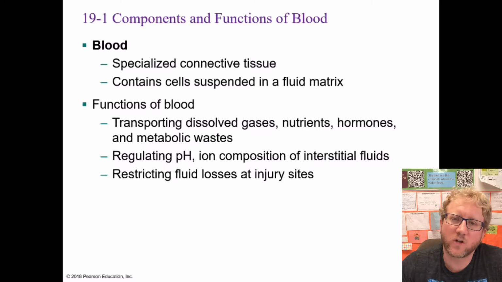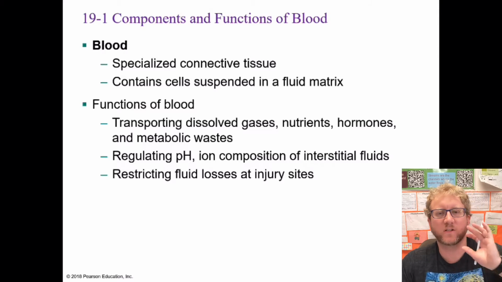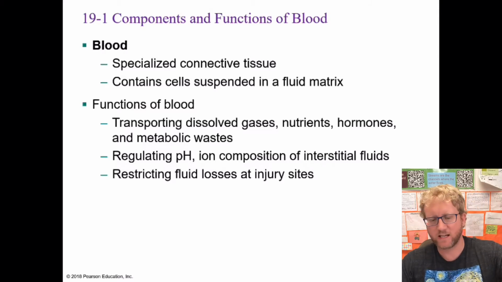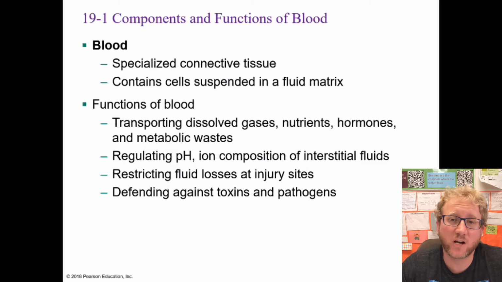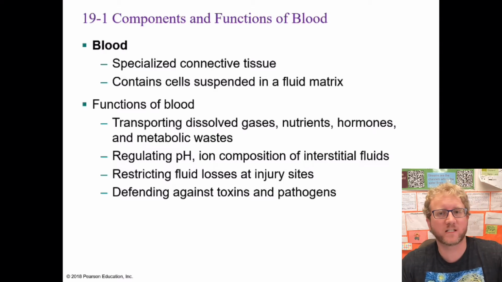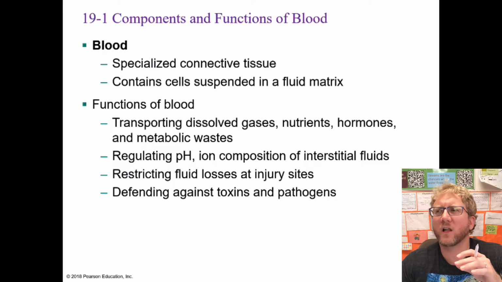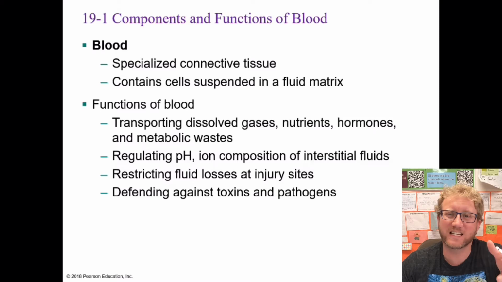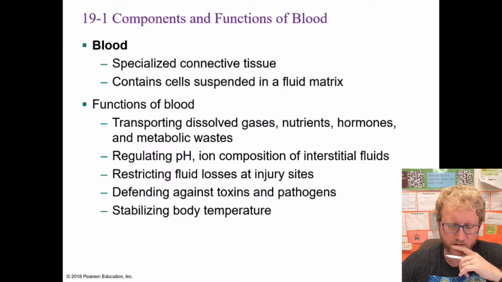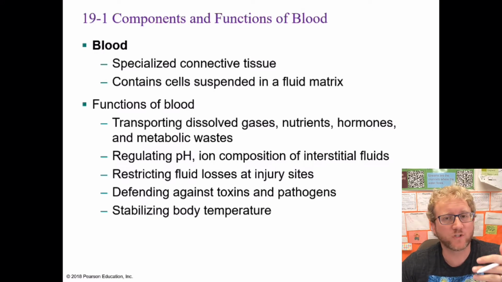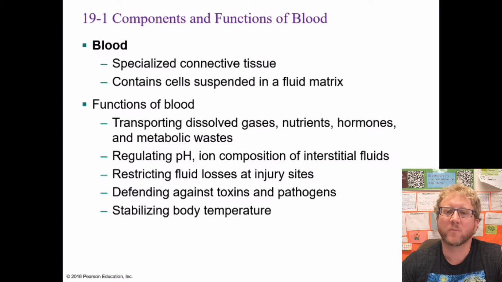And restricting fluid losses at injury sites. We're going to talk about blood clotting and stuff like that later. Defending against toxins and pathogens. That's our white blood cells, which we'll talk a whole lot more about in about 6 weeks when we do the immune system. Also stabilizes body temperature, circulating warm blood throughout the body and either bringing it to the surface to decrease temperature or keeping it away from the surface to increase temperature.